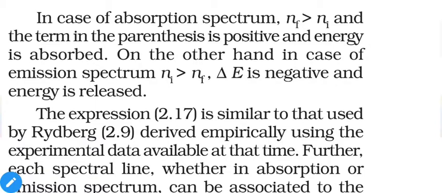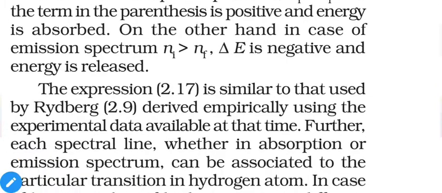On the other hand, in case of emission spectrum, n initial is greater than n final, and that's why delta E is negative and energy is released. Expression 2.70 is similar to that used by Rydberg, which we already discussed as equation 2.9, derived empirically using the experimental data available at that time. So it is a practically derived equation.